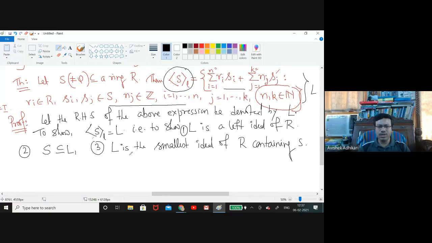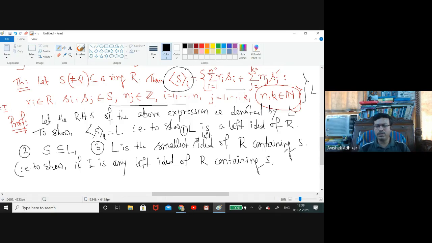Now, how to show that L is the smallest ideal containing S? What do we need to show? If I is any left ideal of R containing S, then what do I need to show?